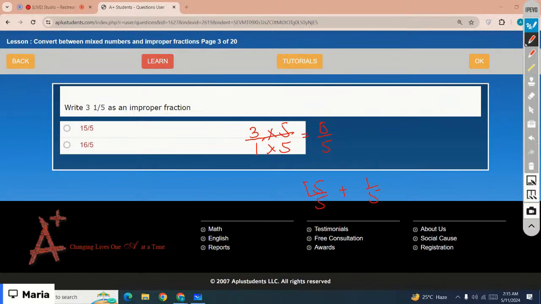So that would be, yes, 16 over 5. The correct option is 16 over 5.